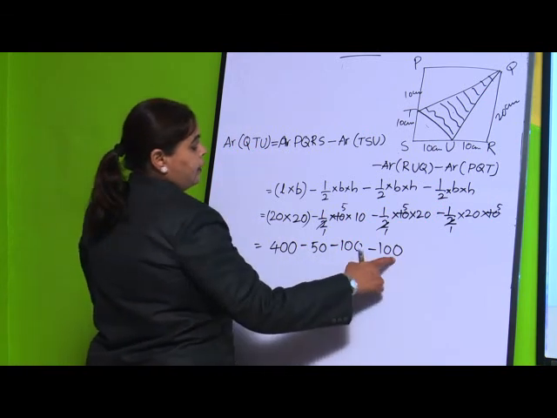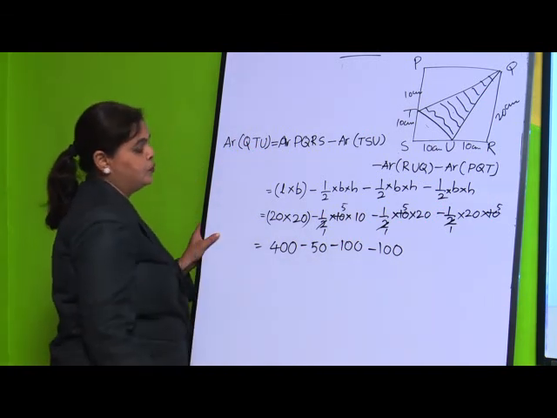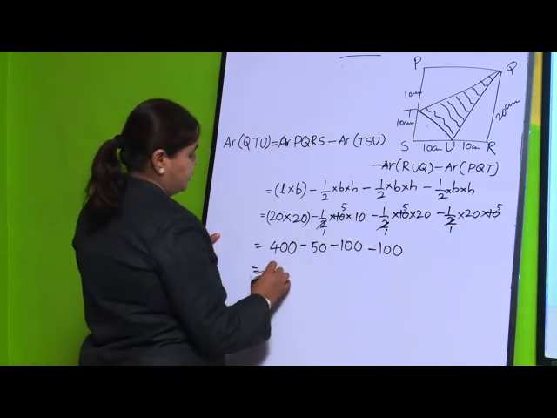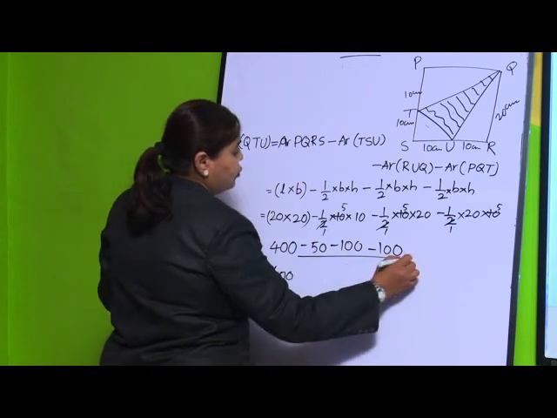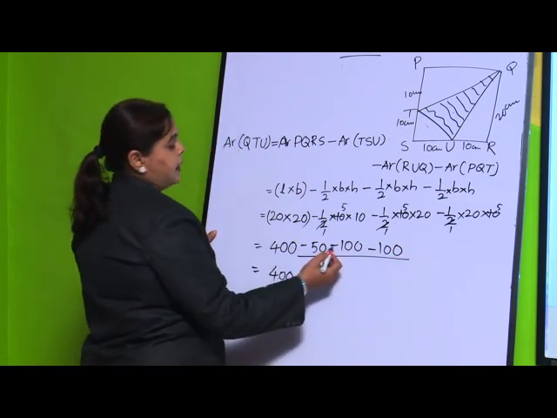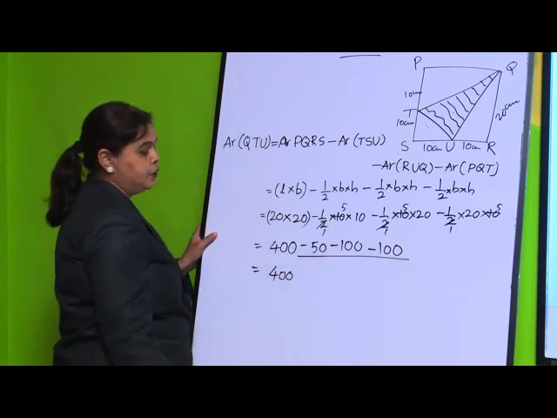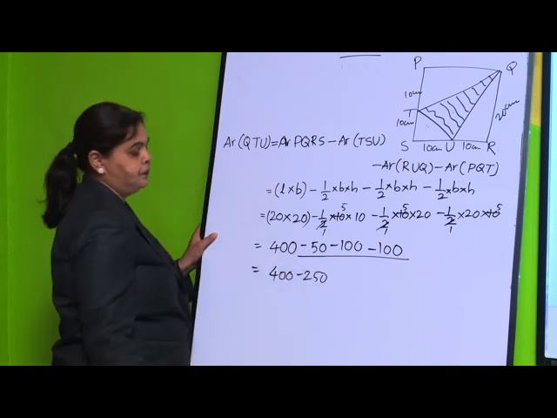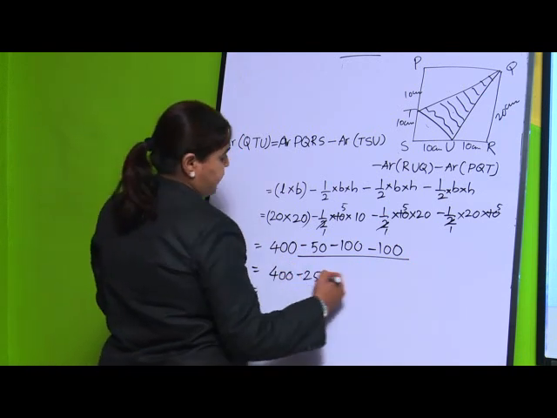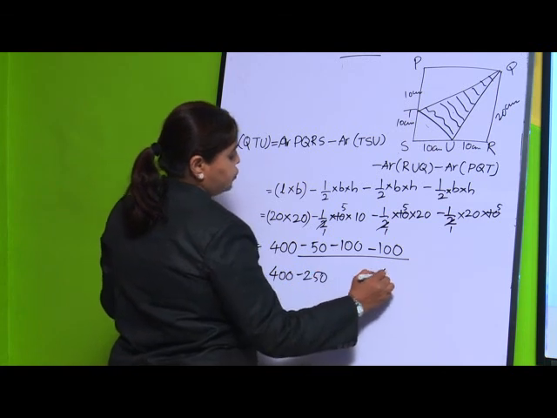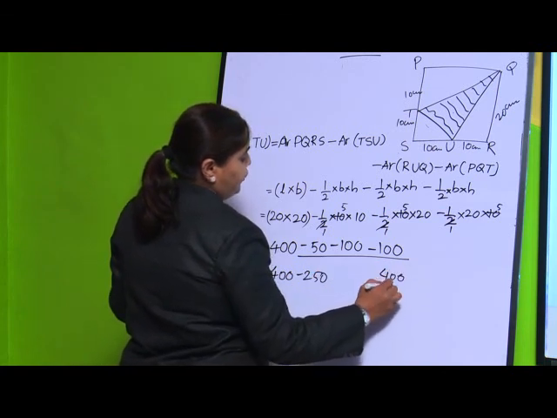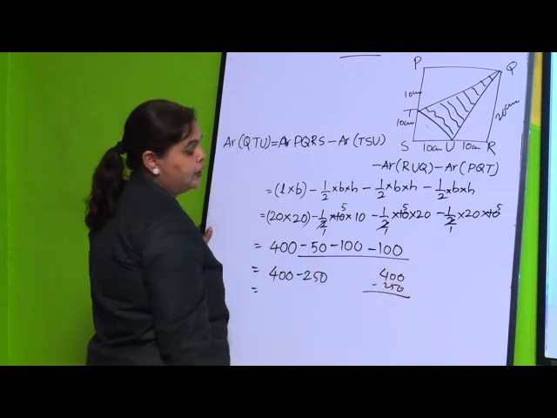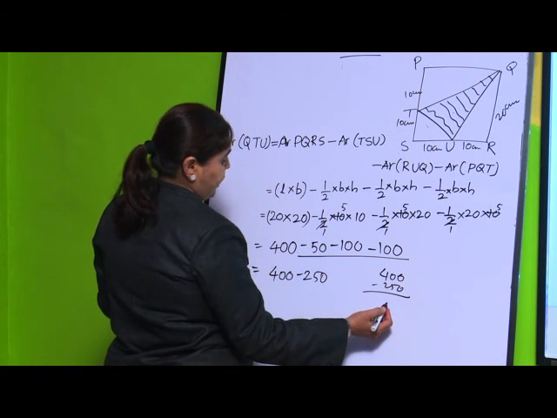So, now it is very easy for you. So, here what will this be? 400, and add the numbers being subtracted. So, it is minus 250. So, what will be the result after subtraction of 400 minus 250? If you are unable to do it easily, you can do the subtraction here.